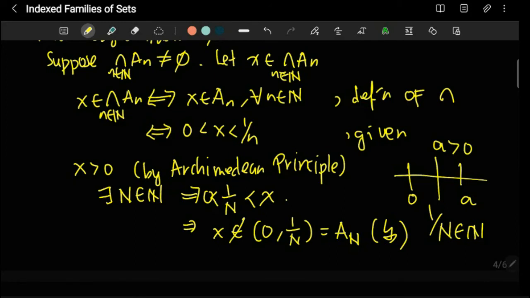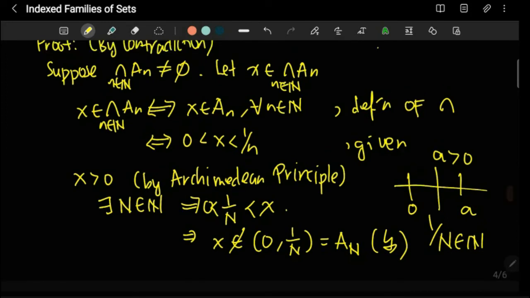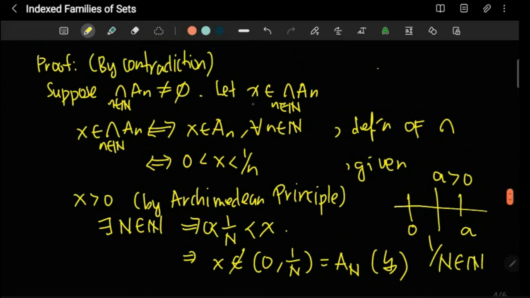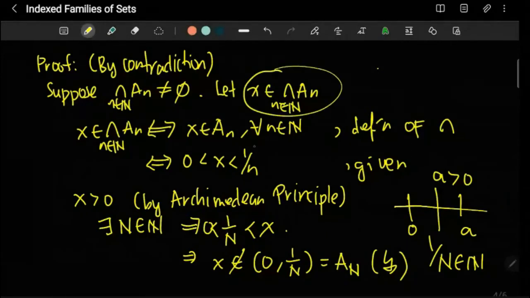Why? Because we assumed from the beginning that x is in the intersection, then x must be in A sub n for all n. We shouldn't be able to find any A sub n where x does not belong. But we were able to find one such A sub n.